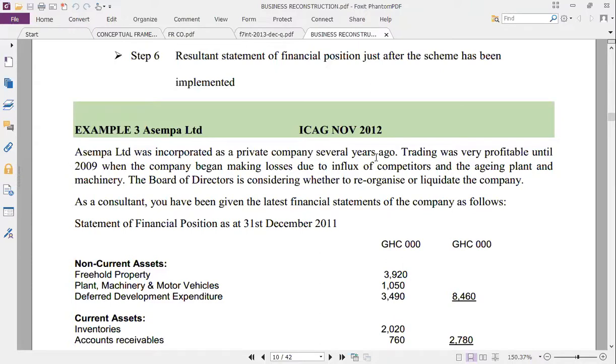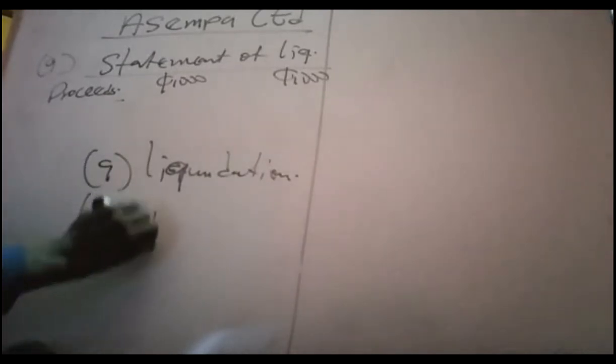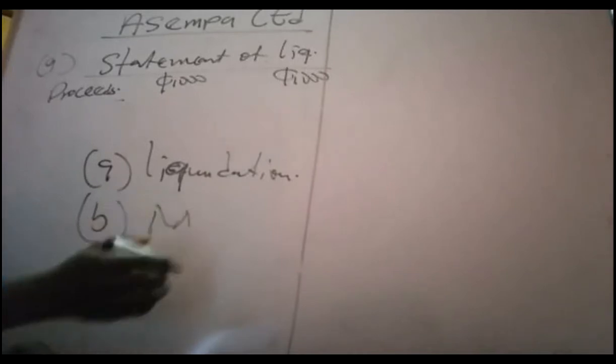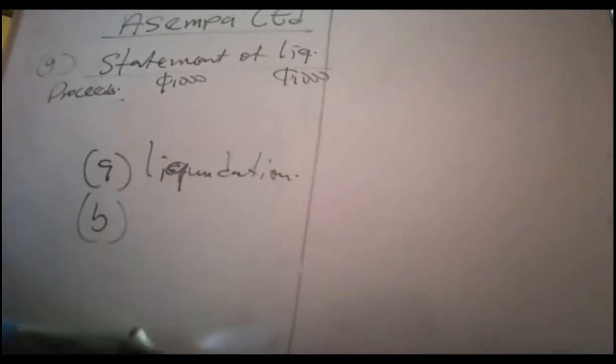Here I will set my own different requirement for this question. A: determine the liquidation position, as you are doing. B: determine the maximum loss, or state whether they should liquidate or reconstruct.